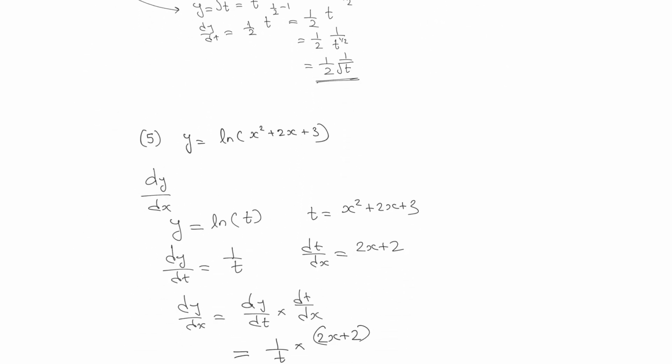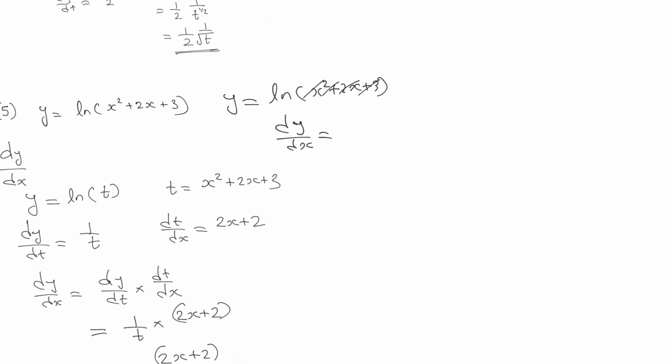Or over here it is given that y is equal to ln of (x square plus 2x plus 3). Just assume that this term, which is the internal function x square plus 2x plus 3, is nothing but x. Now we can assume that this is in the form of ln of x. Differentiation of ln of x is nothing but 1 by x. So we can write dy by dx is equal to 1 by x.